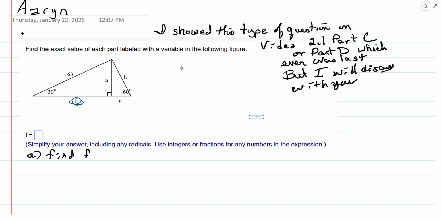Given is the 30-degree angle as a reference, and we're given the hypotenuse of the right triangle, which equals 63.